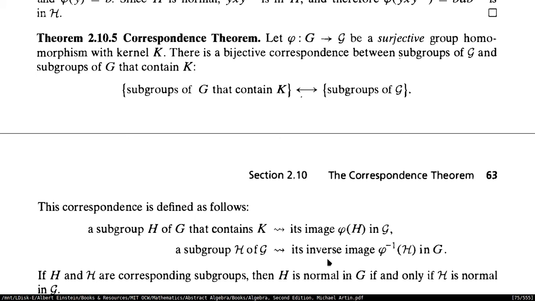So there is a one-to-one correspondence between subgroups of the codomain and the subgroups of the domain that contain the kernel. This correspondence is defined as follows: a subgroup H of G that contains K gets mapped to its image phi of H in the codomain.